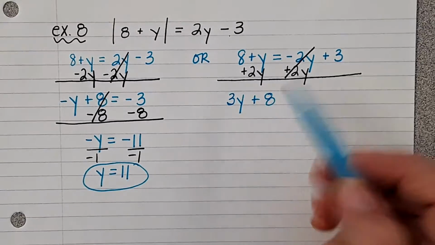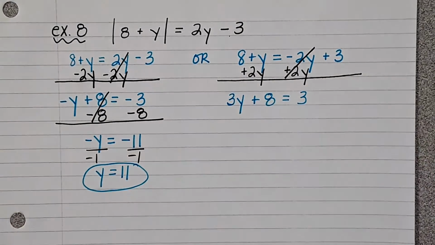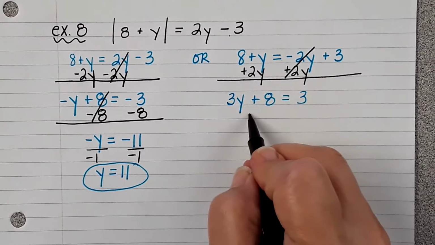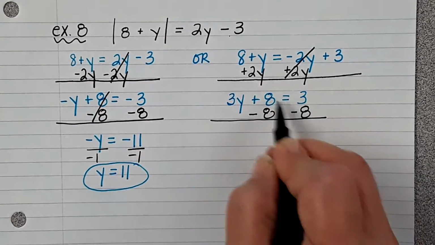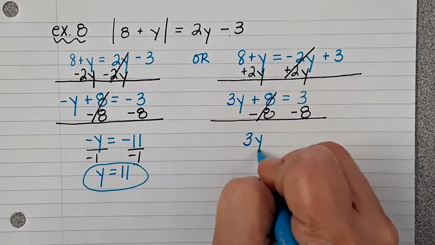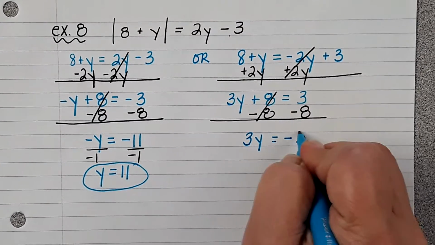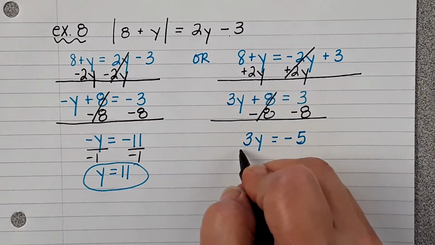That was positive, that's why it's plus 8, and it equals positive 3. Now, what am I going to do? Yep, I'm going to subtract 8 from both sides. Three minus 8 is, and then what's my final step? Divide by 3.